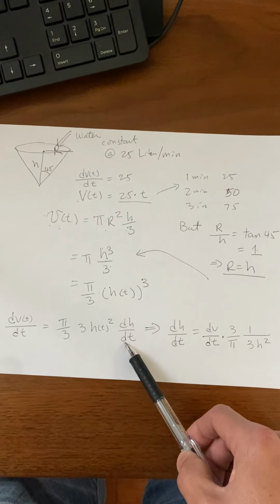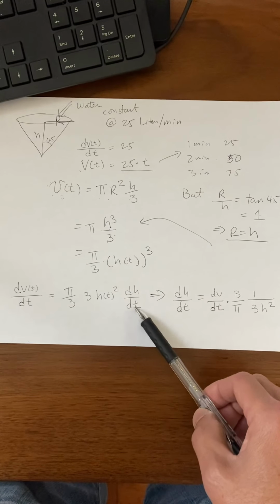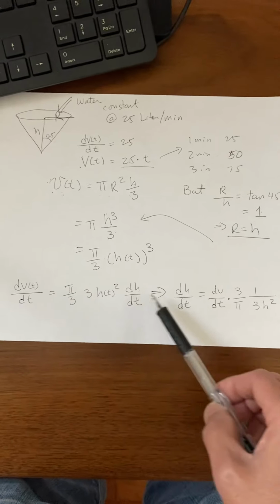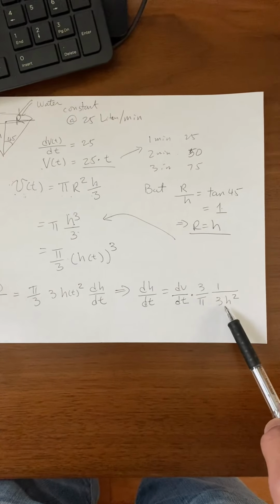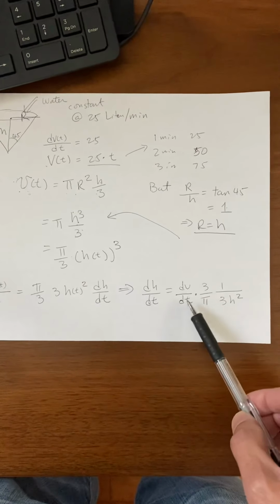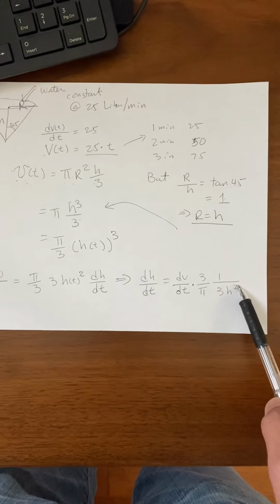Does that make any sense? Now you can solve for dH/dt, right? This divided by the whole thing equals dH/dt. And you get that, right? So if you know this, you know that, the only thing you need to find out is the h.